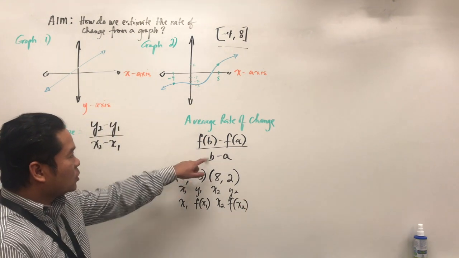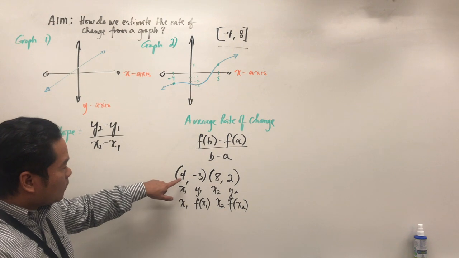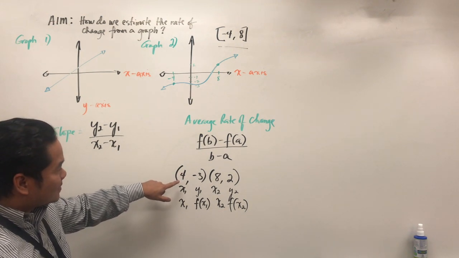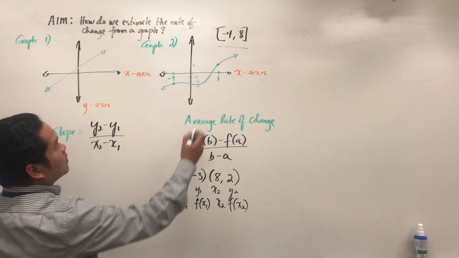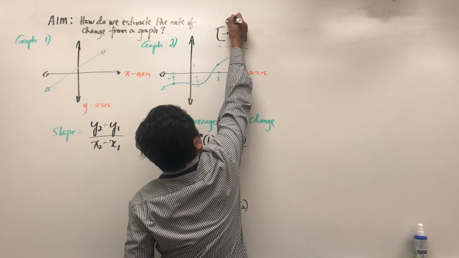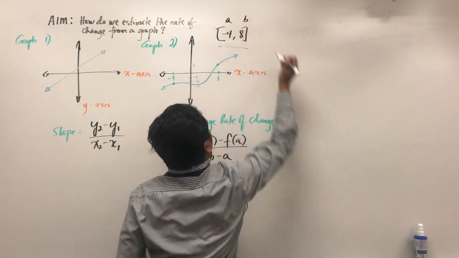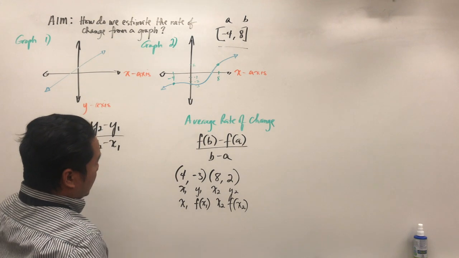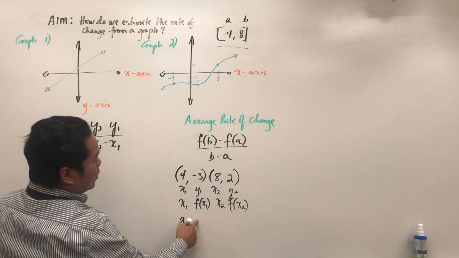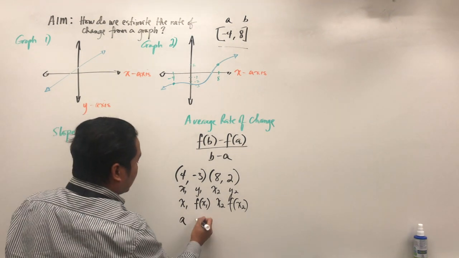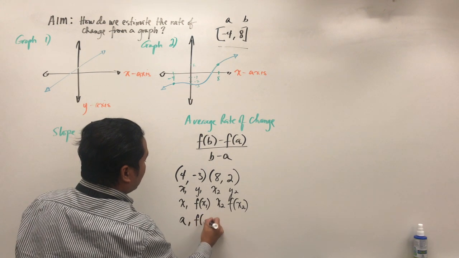Now the formula is showing that your first x is going to be a, and this is your b. So if that is your a, then your y or your output is going to be f of a.